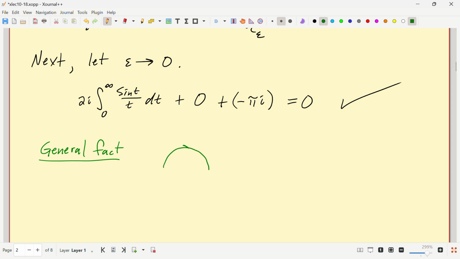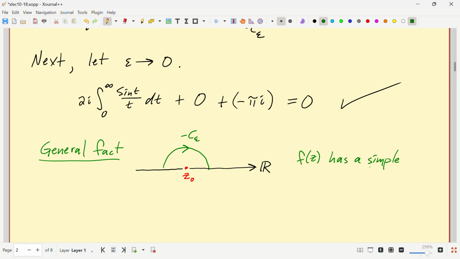I'll call this the usual minus c sub epsilon, and we'll have a z naught here. And this is the real line. And f of z has a simple pole, so a pole of order 1.